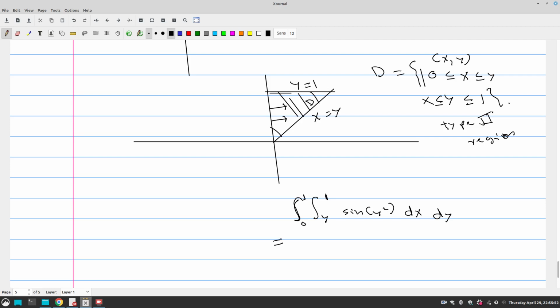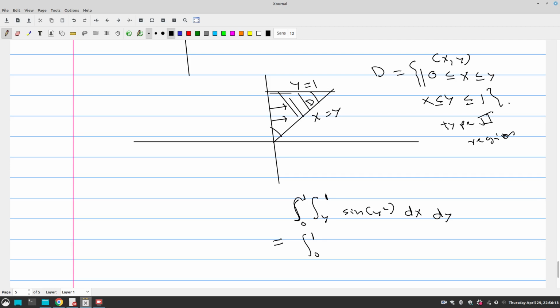But I couldn't evaluate the integration of sine y squared dx dy, but I can do sine y squared dx. This is equal to 0 to 1. Sorry, it's not x equals y to x equals 1.